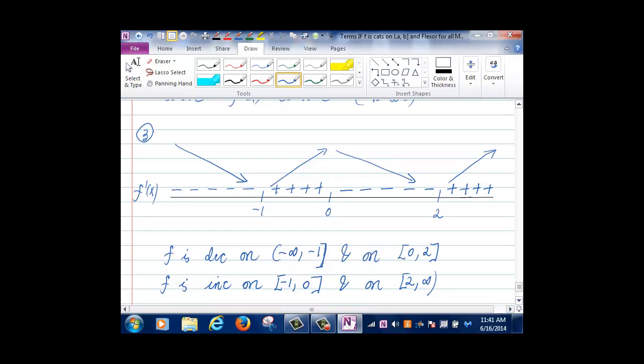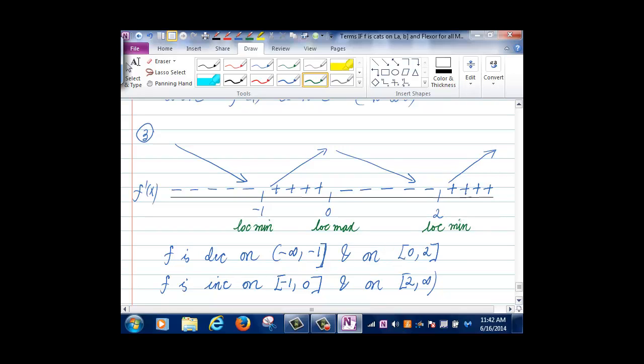So let me label that. I have a local min at negative 1, a local max at 0, and a local min at 2.